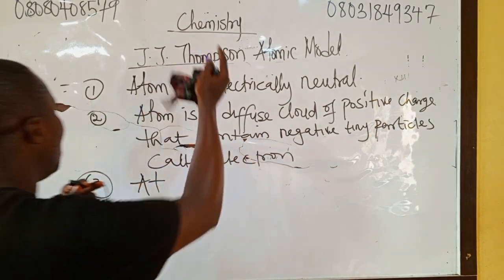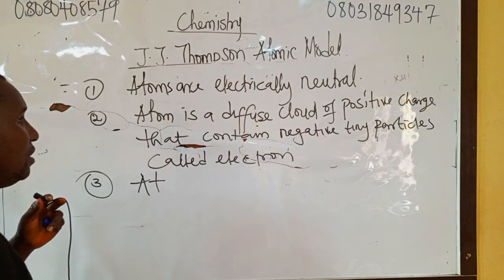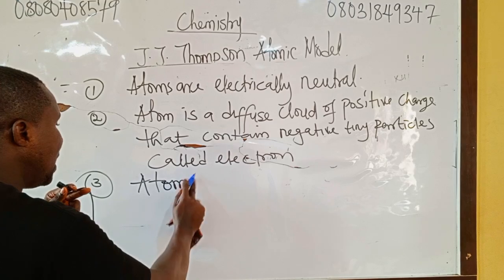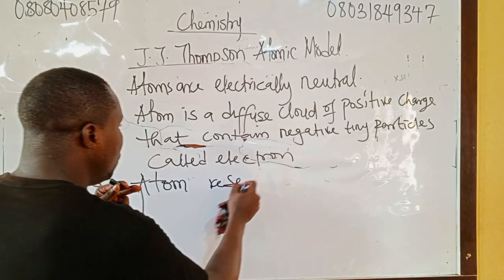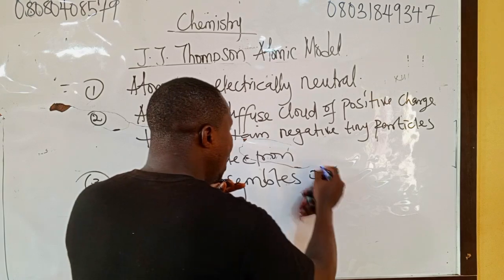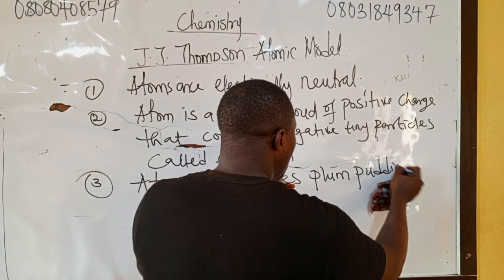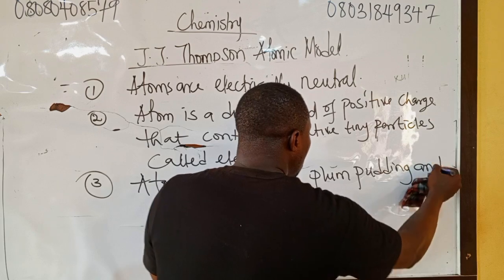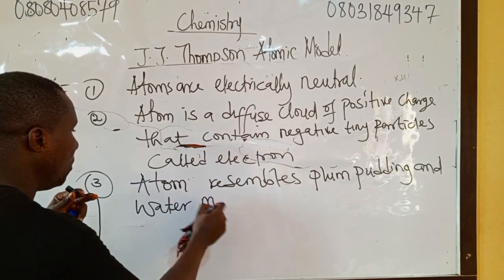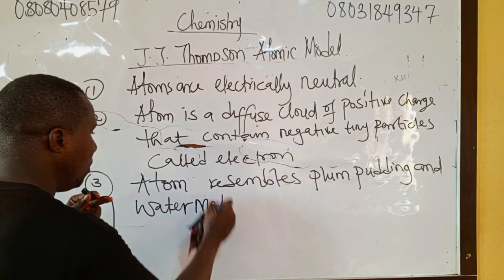And number one, atoms are electrically neutral. The third one, atoms resemble plum pudding and watermelon.